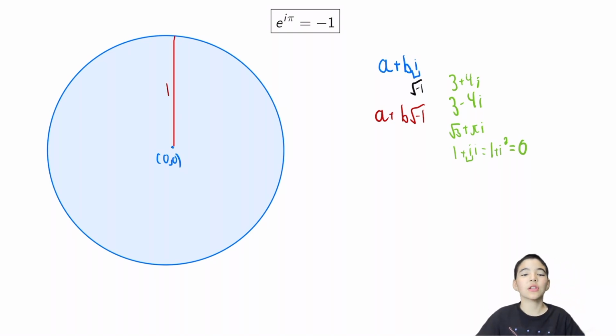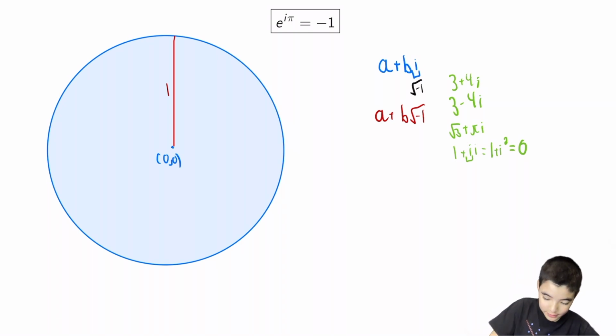Okay, so let's just imagine that we label every single point on this unit circle with a number between 0 and 360 degrees. For example, this point would be labeled 0 degrees. This point would be labeled about 60 degrees. This point would be labeled 90 degrees, and so on.